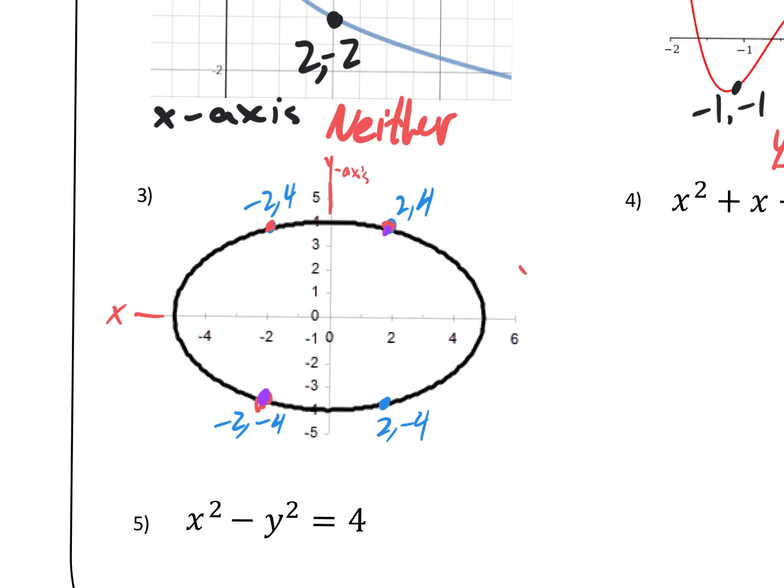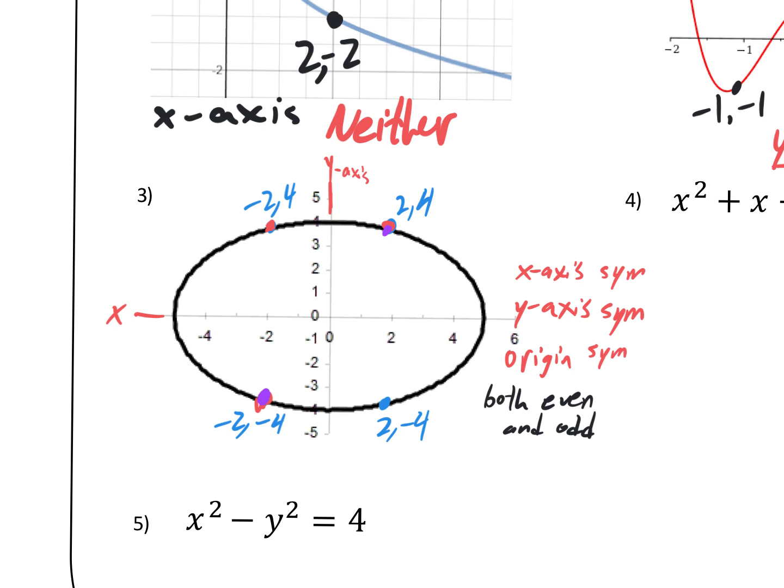So we have x-axis symmetry, y-axis symmetry, and we have origin symmetry. Okay, so three types of symmetry, and this function, most interestingly, is both even and odd.